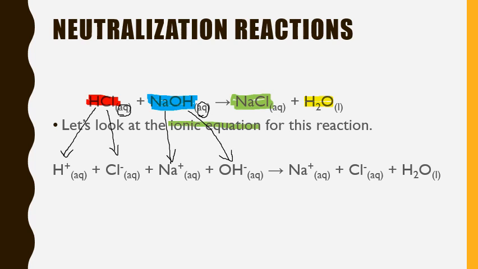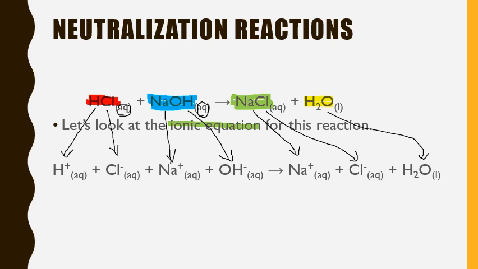So the water is going to split those two things apart. Same with sodium chloride, sodium ions and chloride ions, but you'll notice H2O is not an ionic compound. H2O is a covalent compound, so it doesn't break down into more than one ion. It just stays as is.